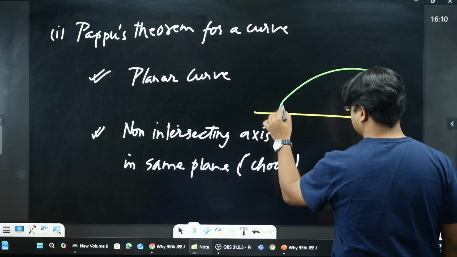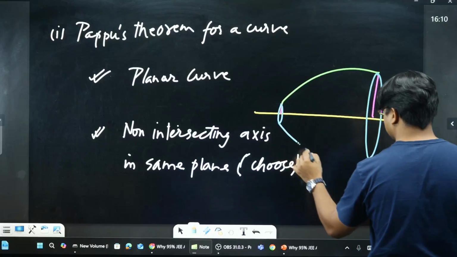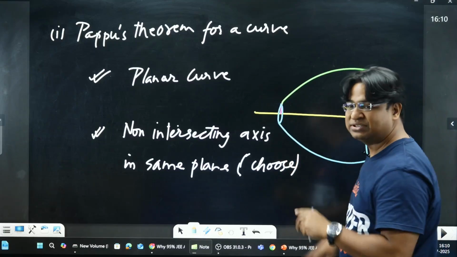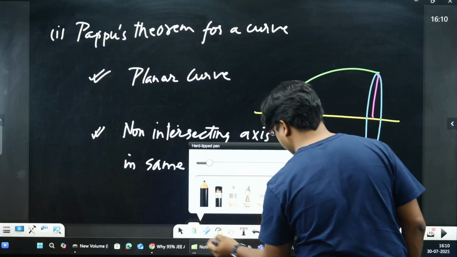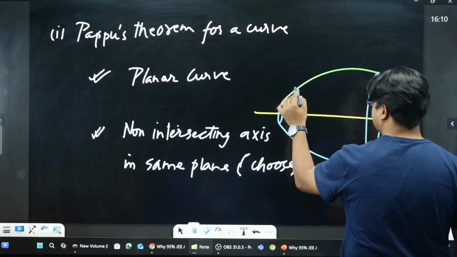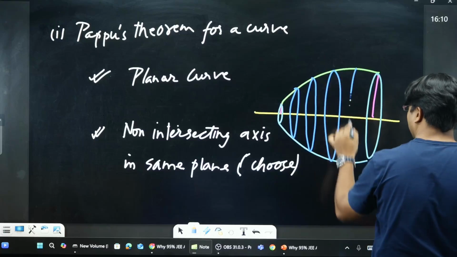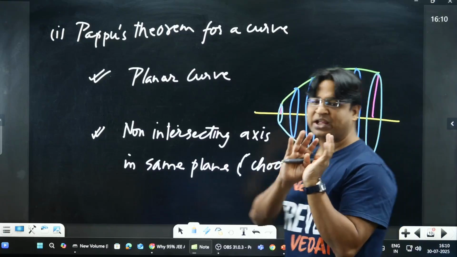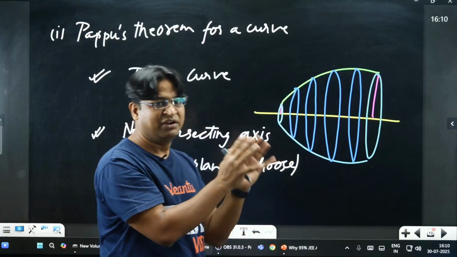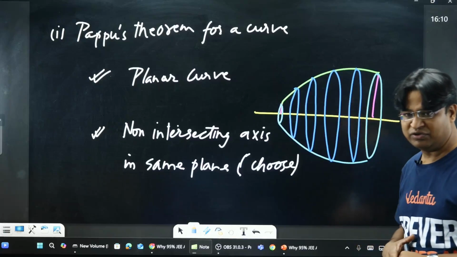This will trace a circle, even this will trace a circle, and all other points will also trace a circle, giving us a surface of revolution. Yes or no, everyone? Like this point will go in a circle, this point will go in a circle, and so on. So what you will end up with would be like a vase shaped surface, a flower vase. This is called the surface of revolution.